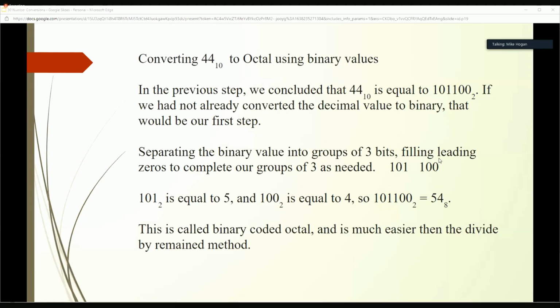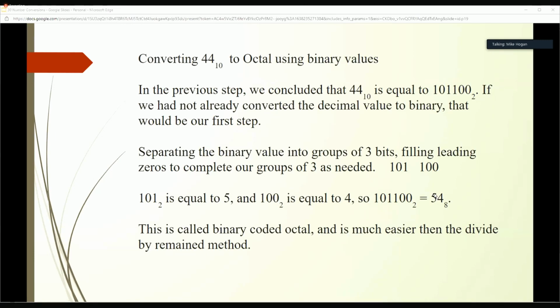If I look at the weights, 1, 2, 4, that's going to be a 4. Well, in octal, it's still going to be a 4. I've got a 4 and a 1, so that gives me a 5.